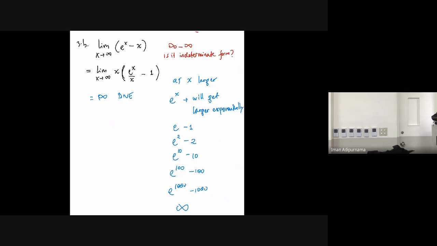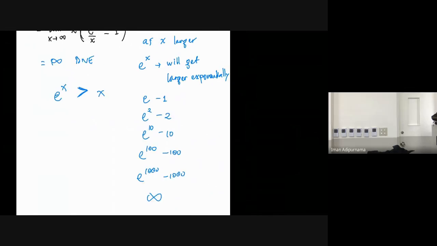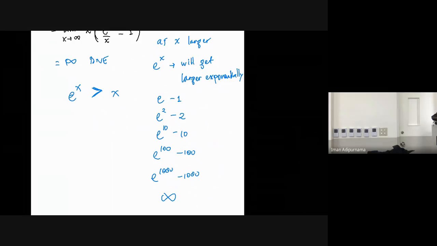If you have e to the x and you have x, this function is always greater exponentially, right? So when you check with some numbers, if x is 1, 2, 10, 100, 1000, you can see that e to the power of any number will always be much larger than x itself.